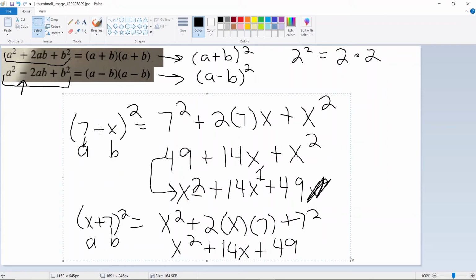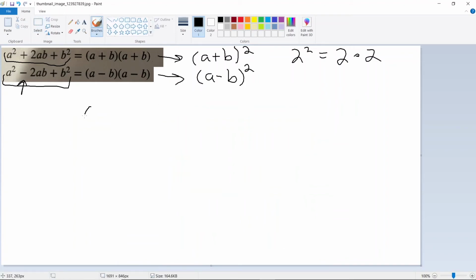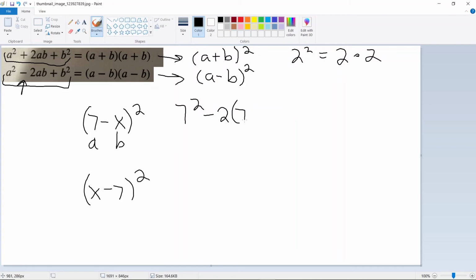Let's do another one to show you what happens when it's minus. 7 minus x, the whole thing squared. I thought this would come out different than x minus 7, the whole thing squared. So remember, we use the same pattern. It's going to be 7 squared minus 2 times 7 times x plus x squared.